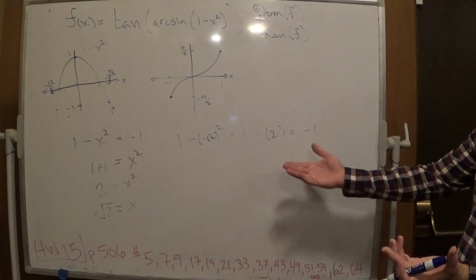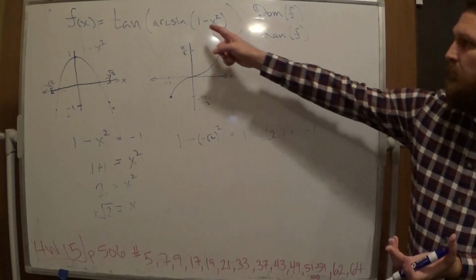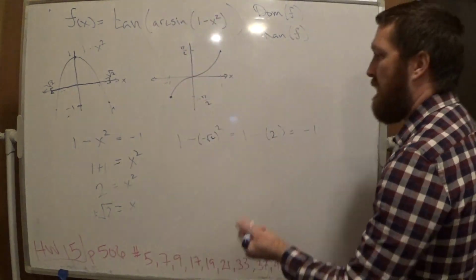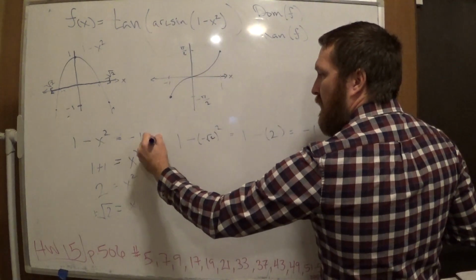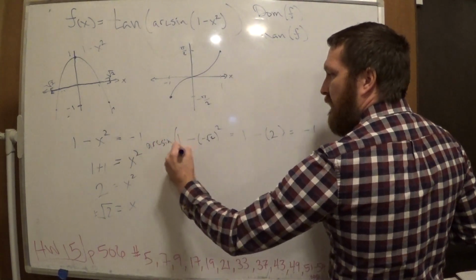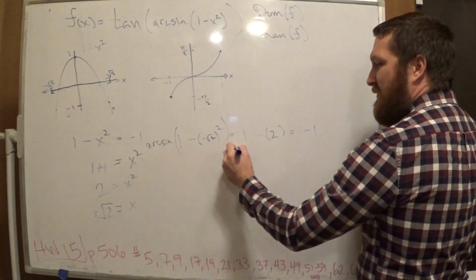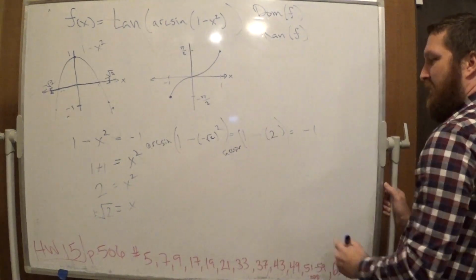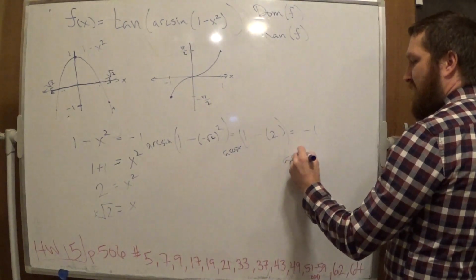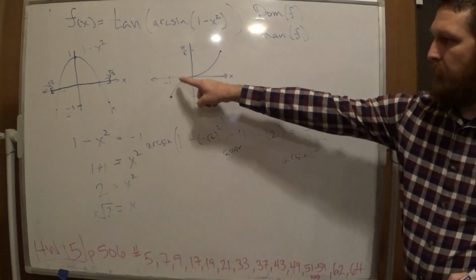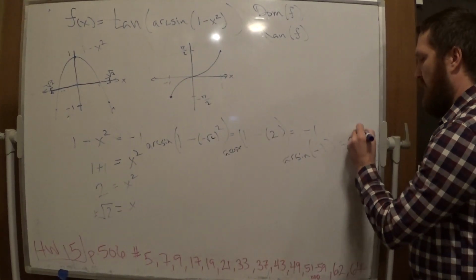Does everybody buy that? And just to see what I'm talking about, if I plug in a square root of 2 into this part right here, I would have arcsin of this stuff, which is arcsin of this, which is perfectly good. I could plug it in and get out a thing.